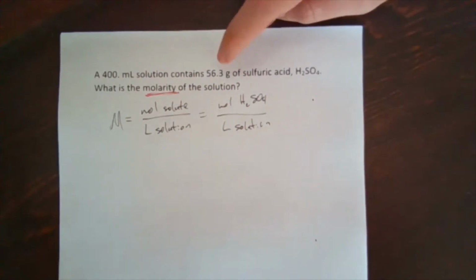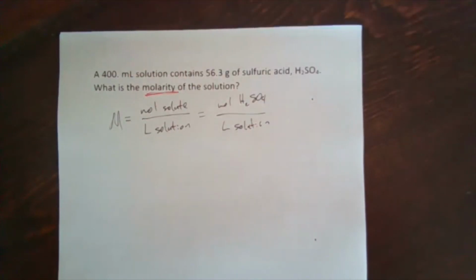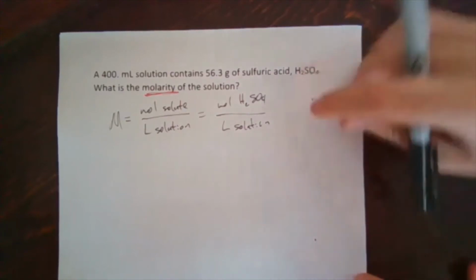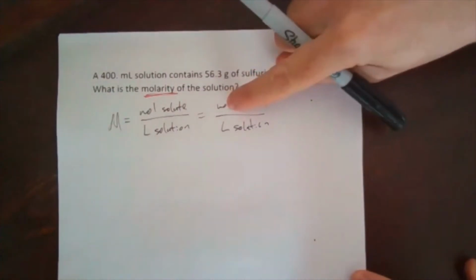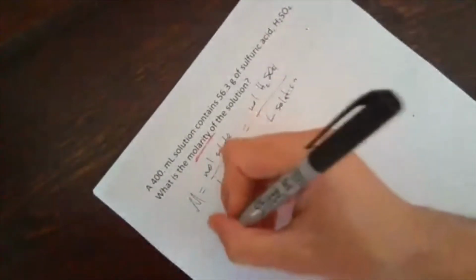So it's very common to have grams for the solute and milliliters for the volume. So when you're computing molarity of a solution that you've made, you almost always need to do a conversion step beforehand, where that conversion step is taking the grams into moles and taking the milliliters into liters. So we'll go ahead and do that metric conversion first.